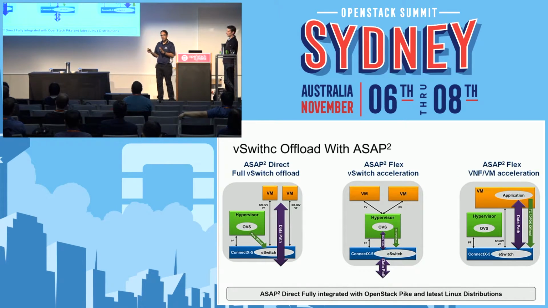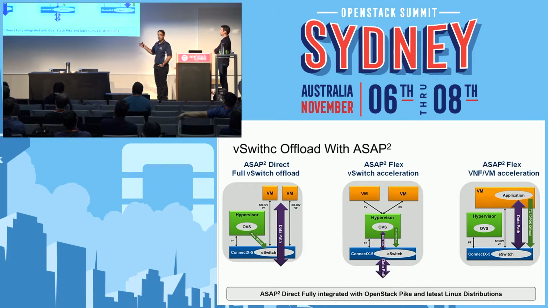Now with these building blocks, we can build many different solutions. We call this whole technology ASAP², and it can result in fully offloading the OVS. OVS is an example, and it is also a product that we implemented with the community. But it can be other things.